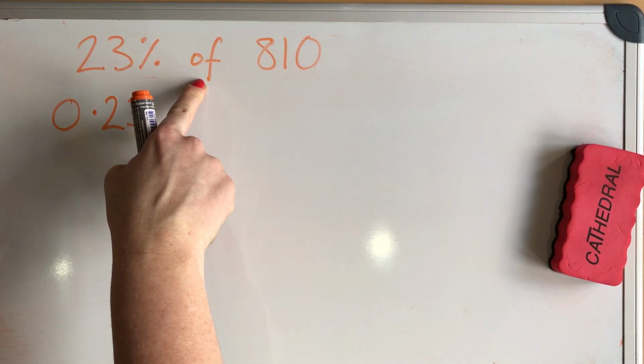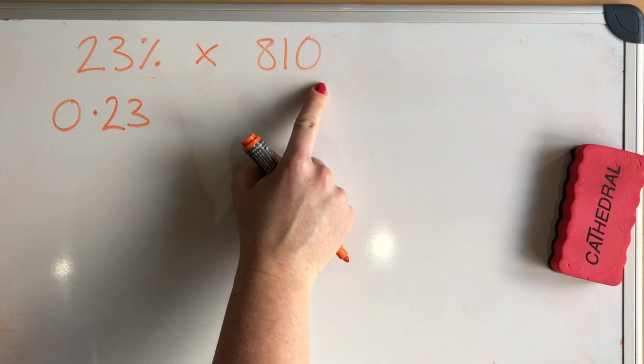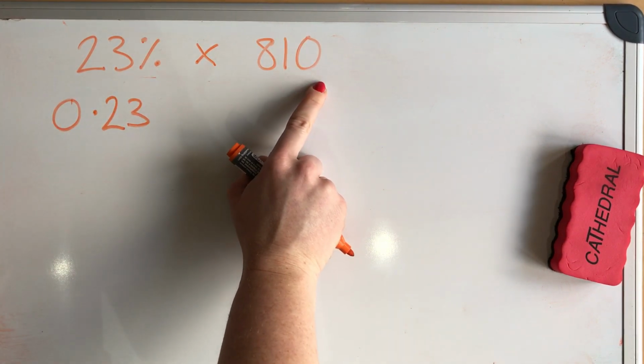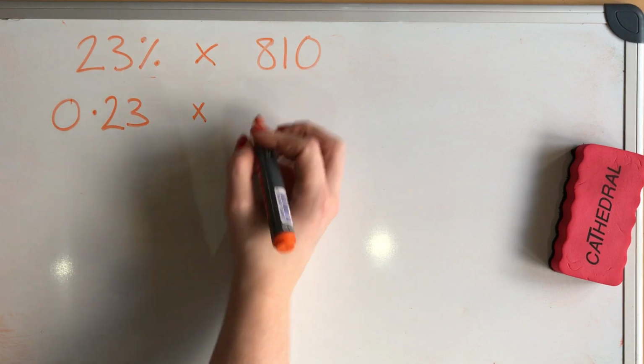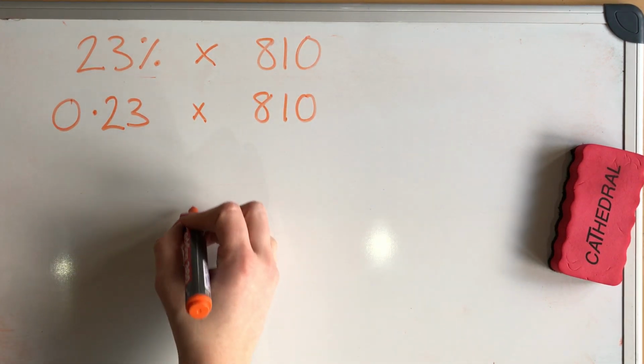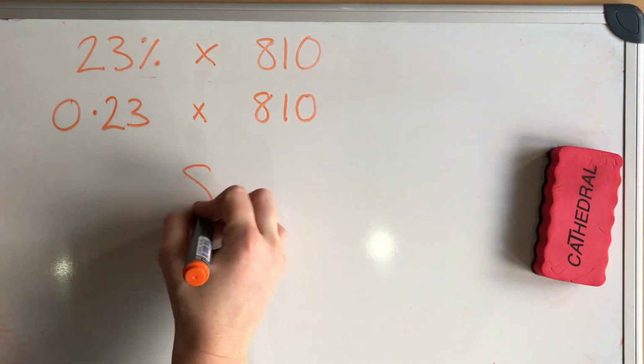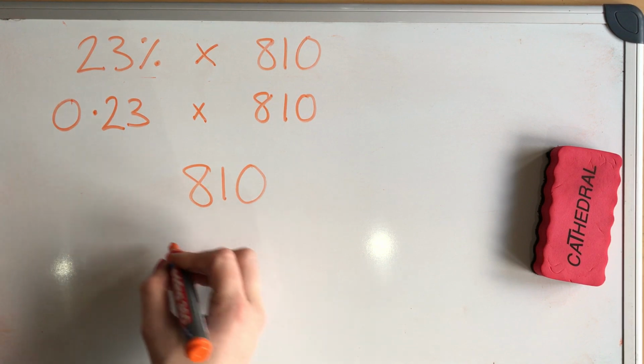And this "of" simply means multiply. So sometimes you'll have it like this, or sometimes it will say of. So I'm going to do 0.23 multiplied by 810. So I'm going to use my formal multiplication.